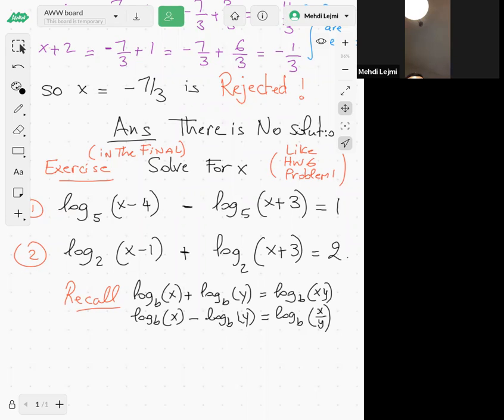Yeah, Lord and Lisbeth, I think there will be no solution for number 1. Yes. That's very good. Yes, no value of x makes this equation true. Absolutely, yeah.